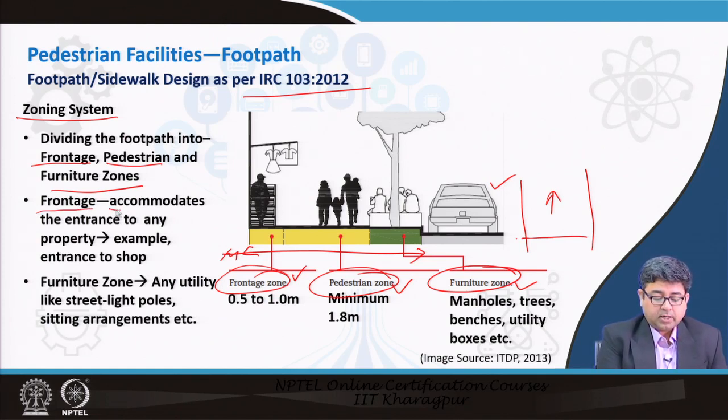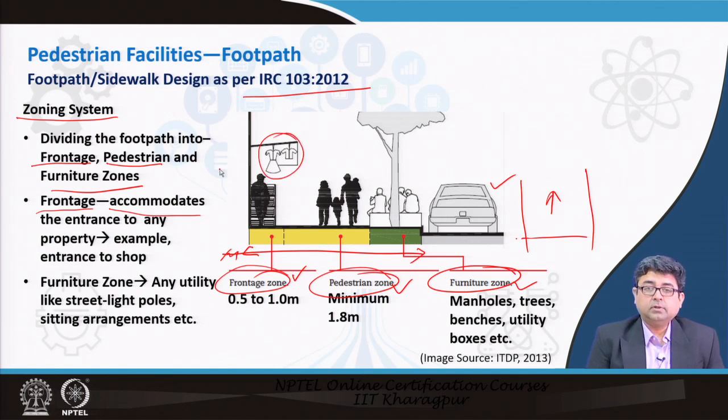So, what do you mean by a frontage zone? Frontage zone accommodates the entrance to any property, for example, entrance to a shop. So, maybe there is an entrance to a shop where there are clothes hanging in the shop, and that zone is called a frontage zone, which usually is anywhere between half a meter to 1 meter of your entire footpath.